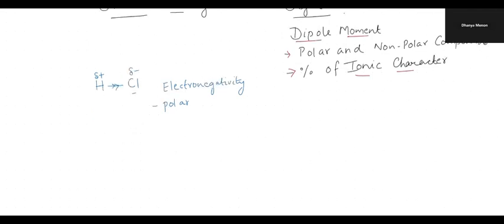Sometimes when there is no electronegativity difference, the molecule is said to be non-polar. For now, we will assume that.